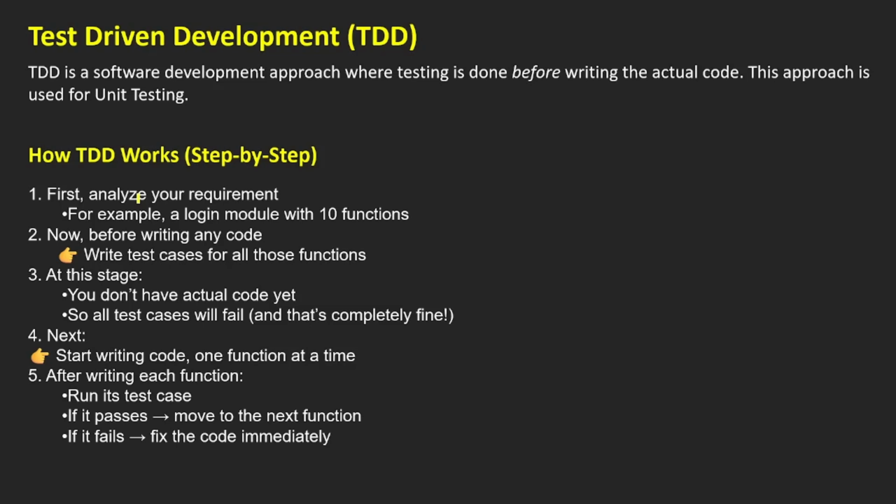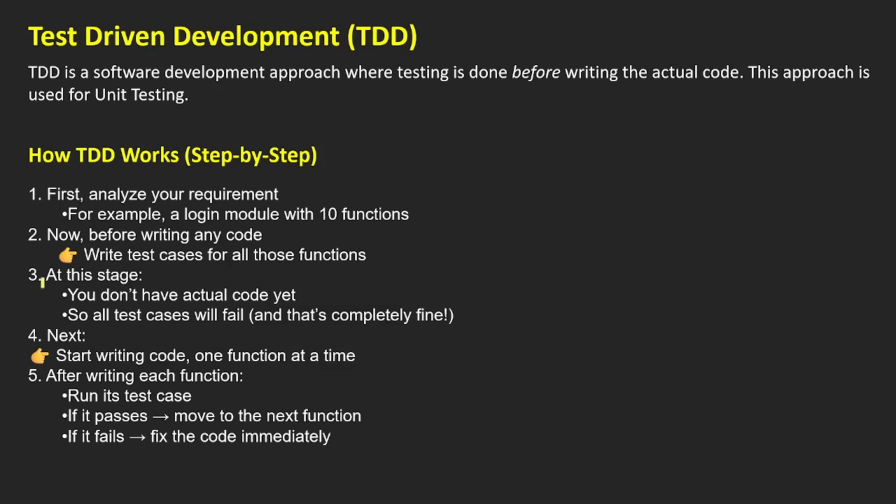Before even writing the actual code for the login functionality, we will first write the unit test cases for testing the code which we will write. At this stage, we don't have the actual code yet. So if we execute our unit test cases, they will all fail, which is completely fine because we have not written our actual code yet.